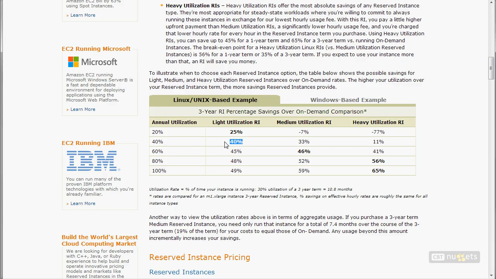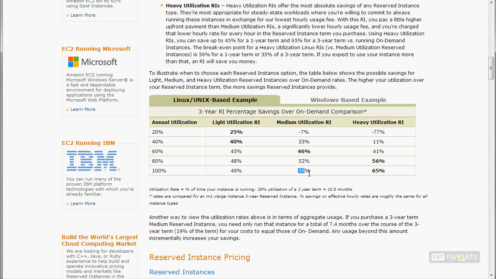If you plan on running that server 60% of the time, you can still do a light utilization reserved instance and still save gobs over standard on-demand pricing, right? But if you were to go with a medium utilization reserved instance, notice you start saving. Now it's kind of like, ooh, 1% here. Well, yeah, but if you plan on using it 60% or more, then you start really saving as you get into the 80% and 100%.